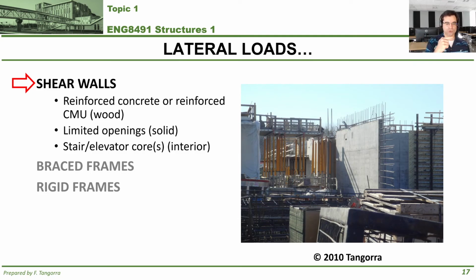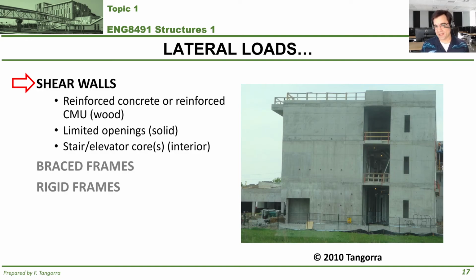Not too many windows, not too many doors through them, if at all. So typically, they're limited to, say, stair or elevator cores along the interior of a building. You only see them along the exterior of a building if you don't want any windows or doors in the exterior of a building, which typically is not good, right? Architecturally speaking.